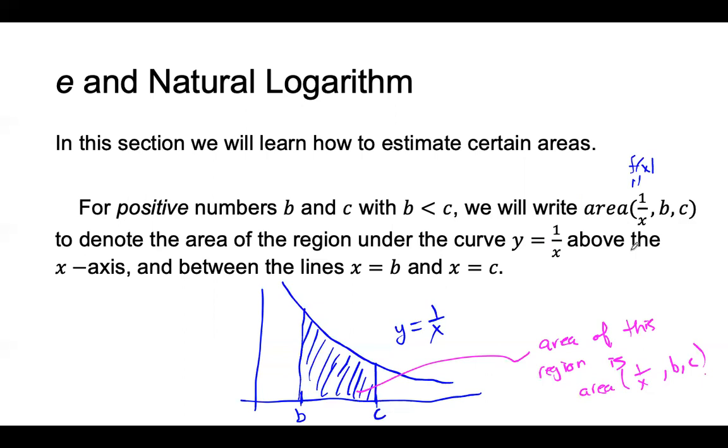So this notation is not so important. It's more about the idea that I'm trying to give to you guys. But basically you have a function from a particular point B to C. That area under the curve is denoted by this, let's say.